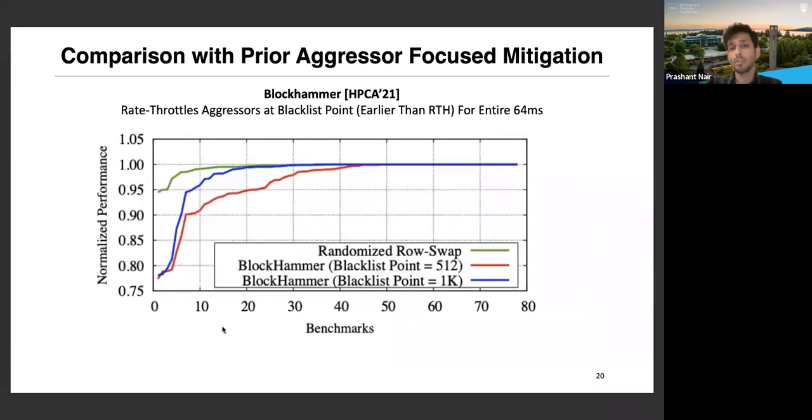We compare randomized RowSwap with prior work, namely Blockhammer. Blockhammer is another aggressor-focused mitigation method. In Blockhammer, the rate of access of the aggressors is throttled as soon as they reach a blacklist point. As you see, the y-axis is the performance, and the x-axis is a set of benchmarks, and this is the S-curve for Blockhammer, and we compare it to randomized RowSwap.